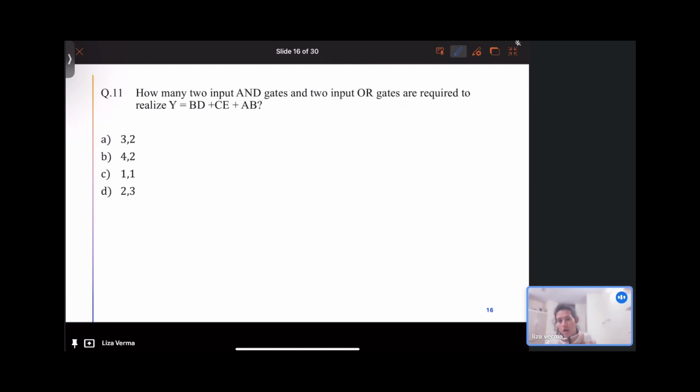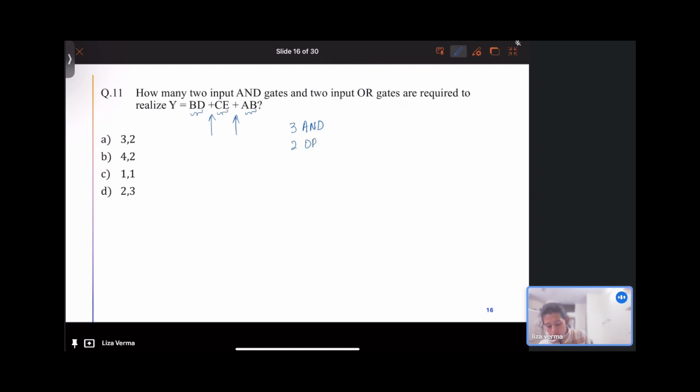Next question is, how many 2 input AND gates and 2 input OR gates are required to realize this Boolean expression? As we can see, there are 1, 2 and 3 AND operations going on here, so 3 AND operations, and 2 OR operations.